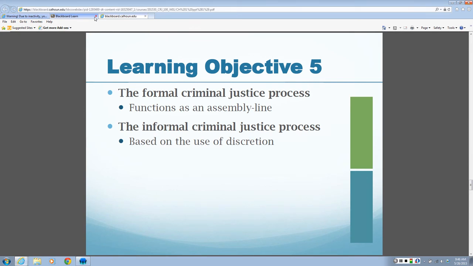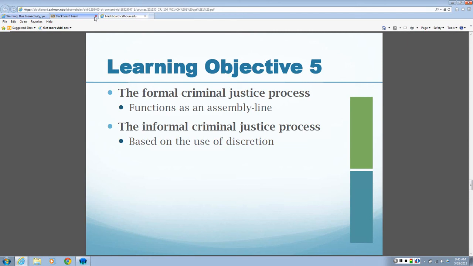So this is what allows us to move a large number of cases through the criminal justice system in a timely manner. And timely is relative. Understand that. Sometimes it still takes a while to move through the system, but things will move through. But if we did not have the informal process, the system would be so backlogged.